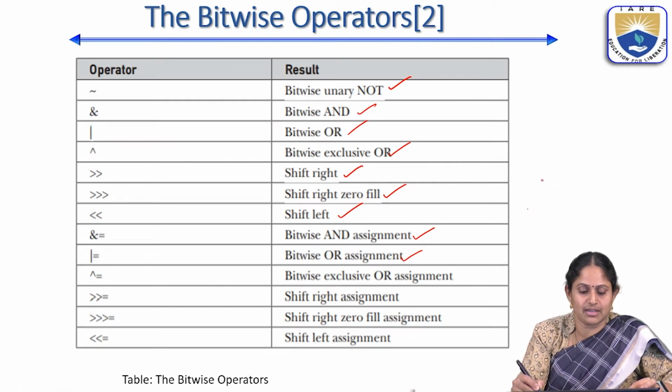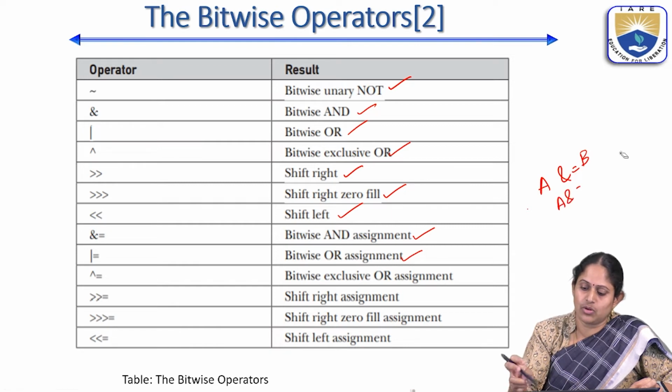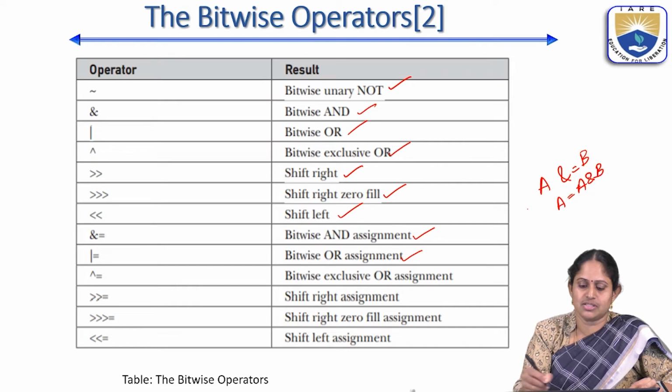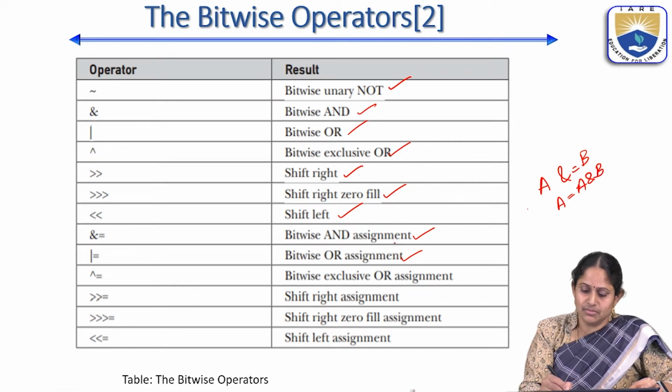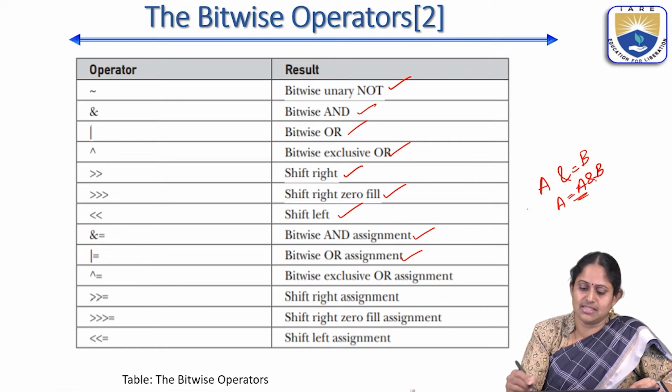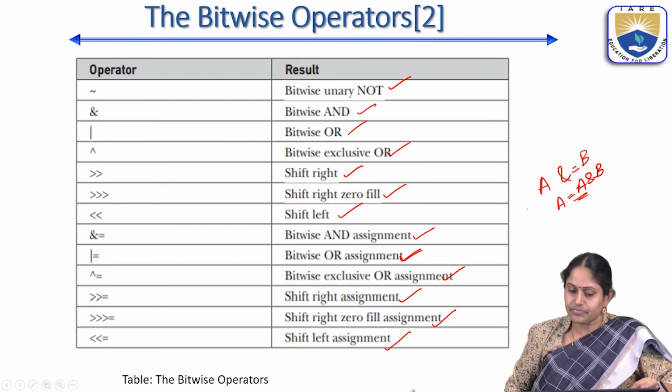If you have A and equal to B, then it does A equal to A and B. Similarly, we have bitwise or assignment, exclusive or assignment, shift right assignment, zero fill assignment, and left shift assignment.